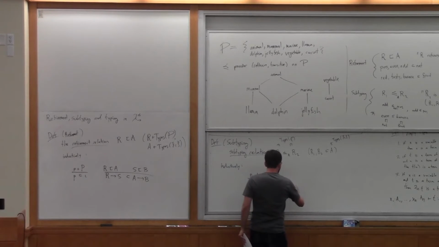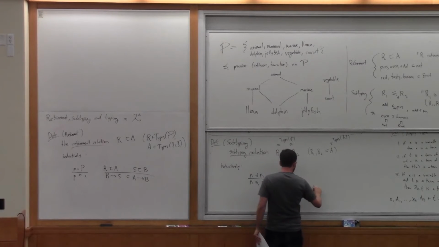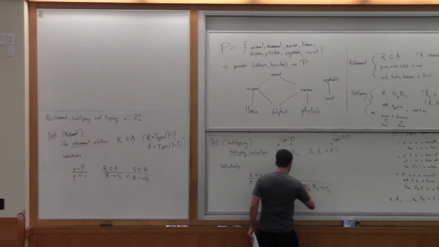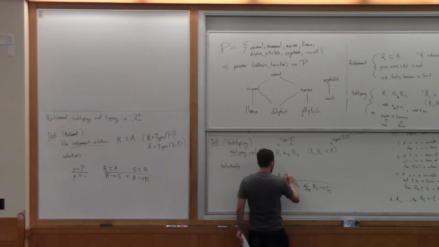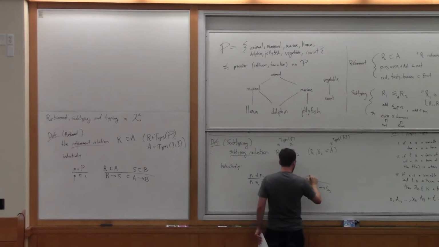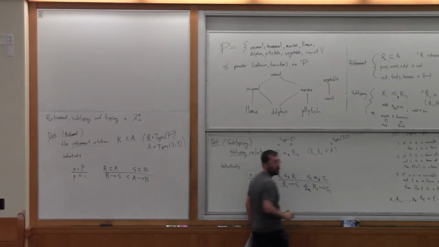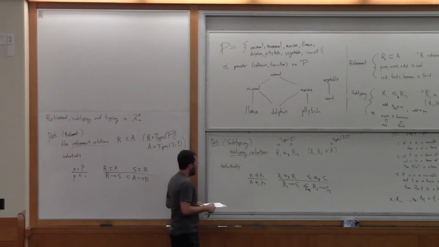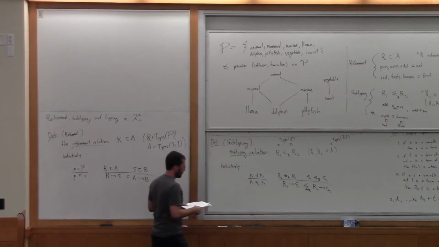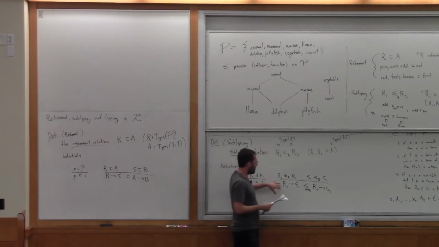And then R1 to S1 is a subtype of R2 to S2, and now again this is at a type A arrow B, if R2 is a subtype of R1 at A, and S1 is a subtype of S2 at B. So you might be familiar with this rule.